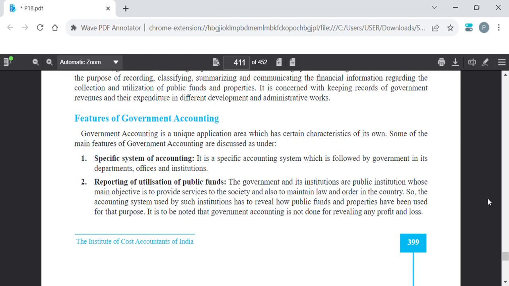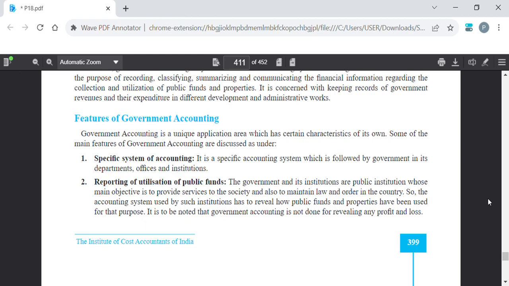Government is answerable for where the public money is used, and whether it is used legally.